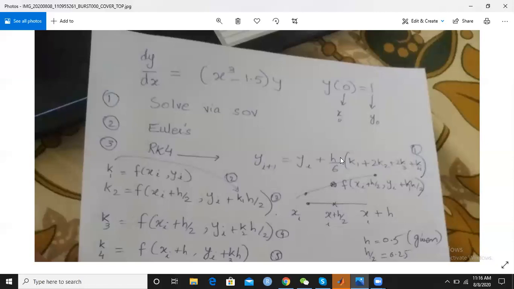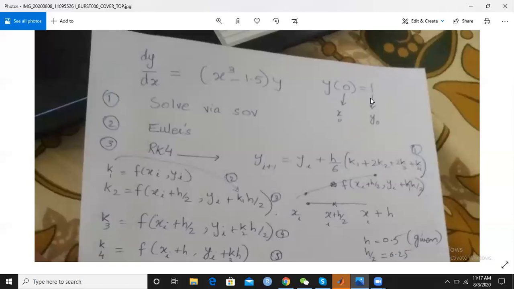For example, in the exam, the examiner can ask you to stop at x is equal to 2. That means you will find y at x naught, then y at x1 which is 0.5, then y at x2 which is 1, then x3 which is 1.5, and then x4 which is 2.